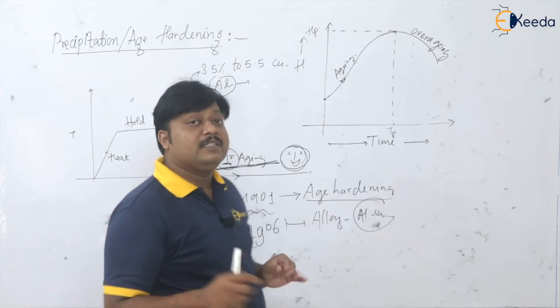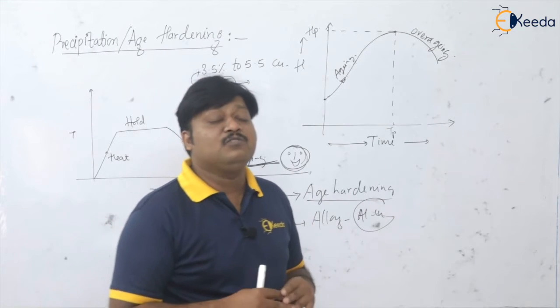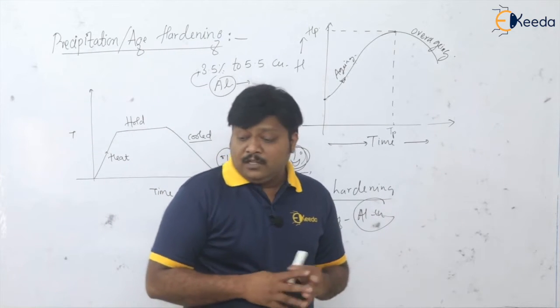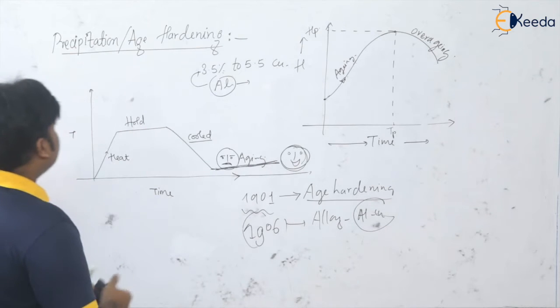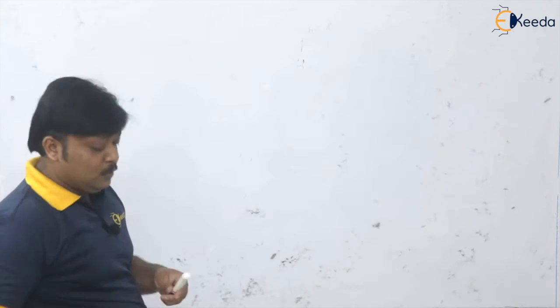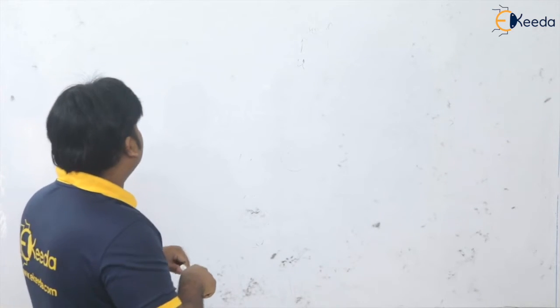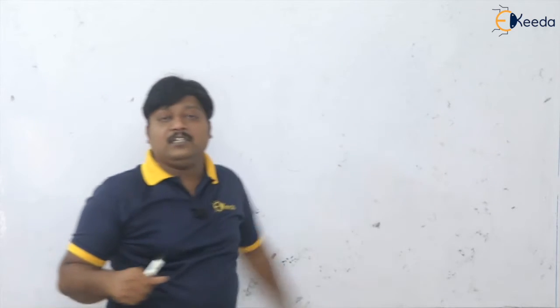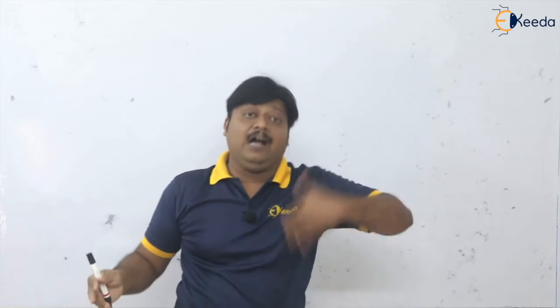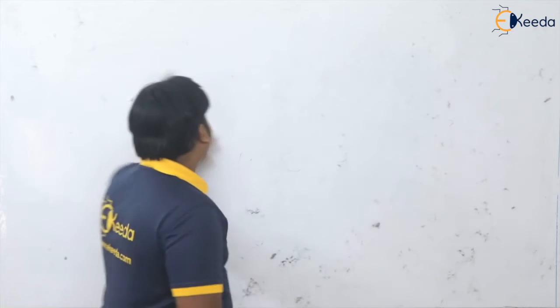Let us look at the phase diagram. For that reason we have to see the phase diagram now. So if you see the phase diagram of aluminum and copper, let us see what actually happened here, because the microstructure is not showing any kind of change, but the hardness, yes, goes on increasing.